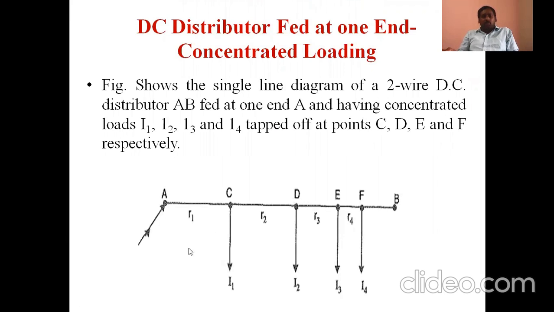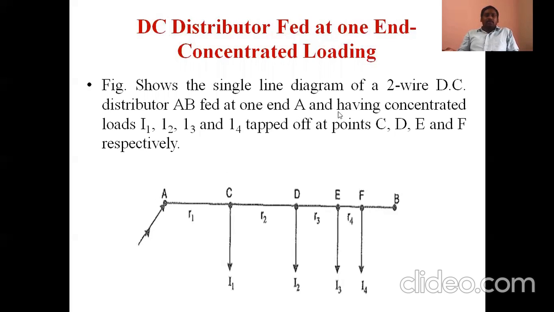The second wire is the closed loop, the return conductor. AB is a distributor fed at one end, with the feeder voltage applied here.